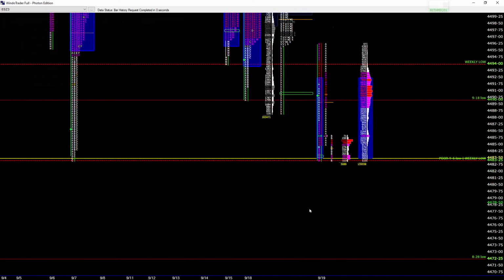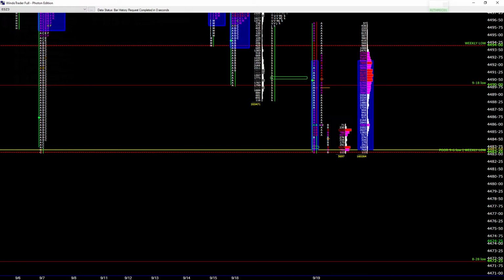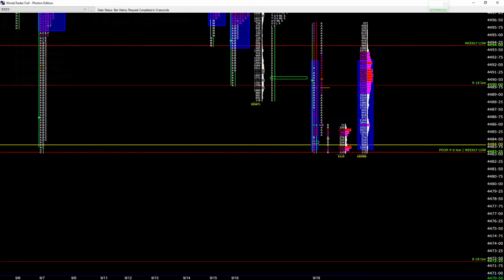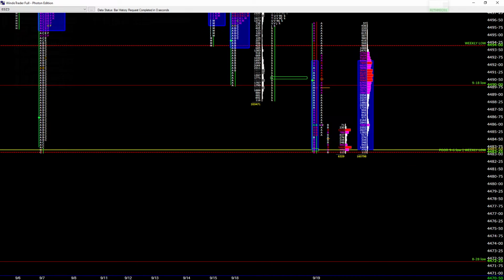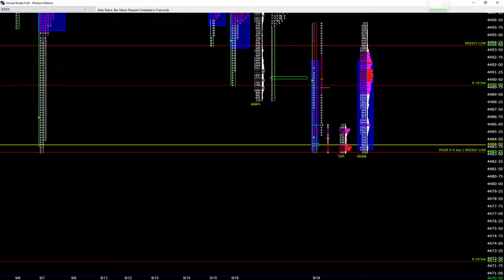Look at that. That low is a very weak low. The action remains to the downside.